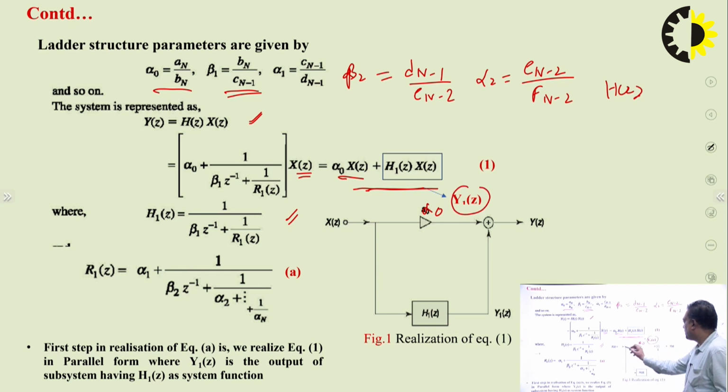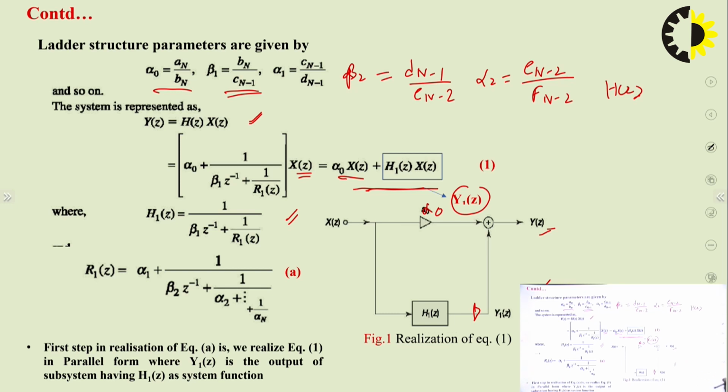So the output Xz multiplied by h1z will become y1z. So we will obtain y1z over here, which we can use later on. So Yz equals alpha naught Xz plus Xz into h1z, that will become y1z. So this is the realization of equation 1.